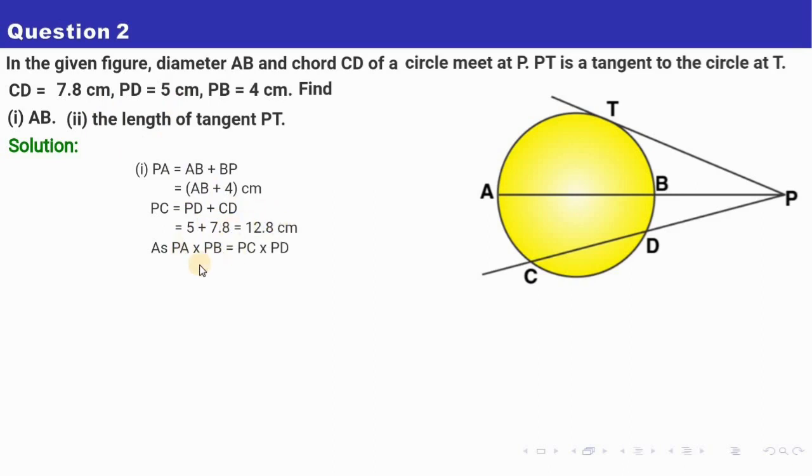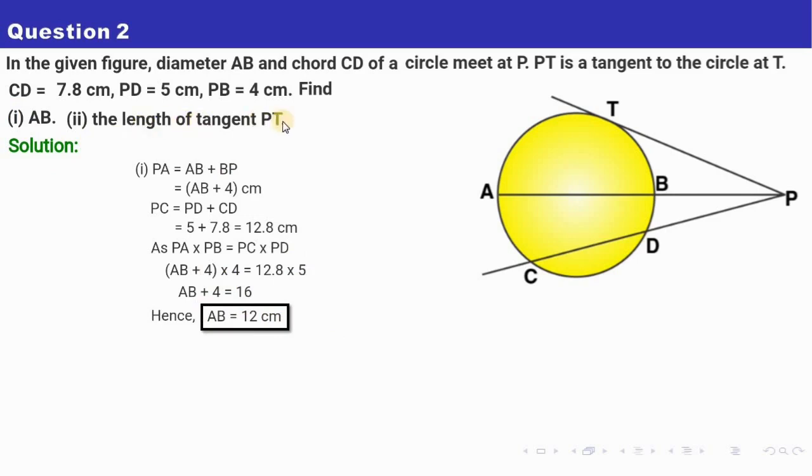Now let us put the values here. PA is AB plus 4, into PB, which is 4, equals PC, which is 12.8, into PD, which is 5. When you simplify, the 4 goes to the denominator and you get 16. So AB is 12 centimeter. This is our first answer.